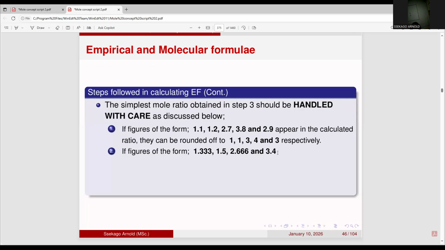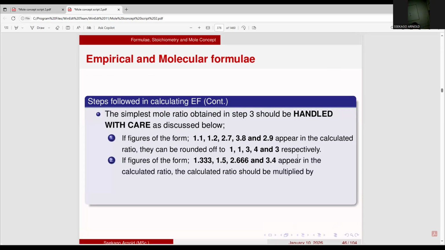Now we are here at 0.4. What do we do for 0.4? It says that if they appear in the calculated ratio, the calculated ratio should be multiplied by a certain number.